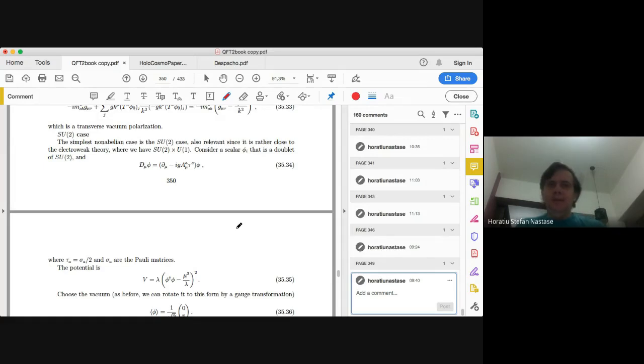Next, let's apply this to the simplest non-Abelian case, SU(2), which also happens to be very relevant because it's very close to the electroweak theory that we'll study next, which is SU(2) cross U(1).